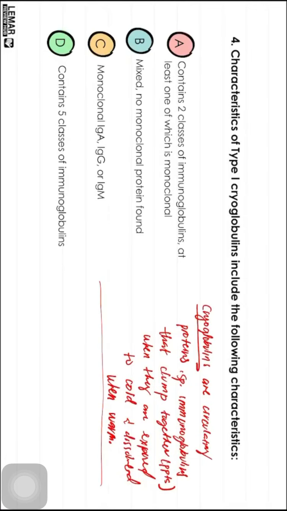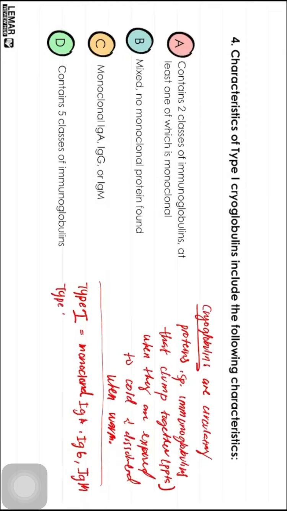Okay, so we have different types of cryoglobulins. Type 1 cryoglobulins are your monoclonal IgG and IgM.